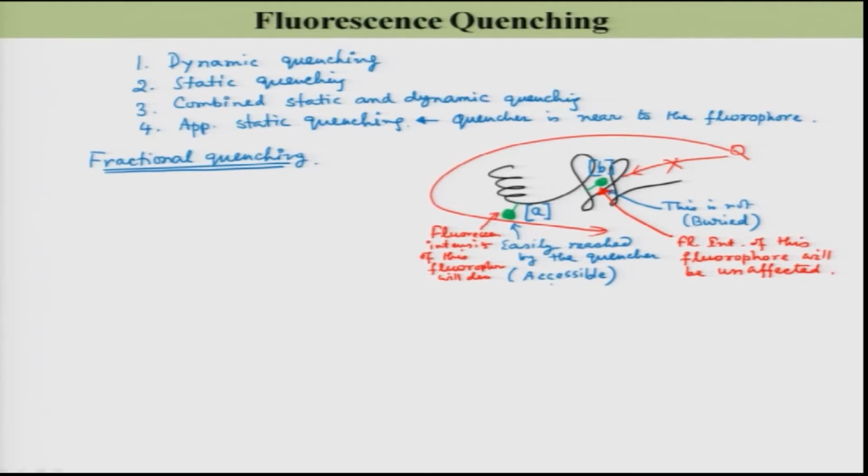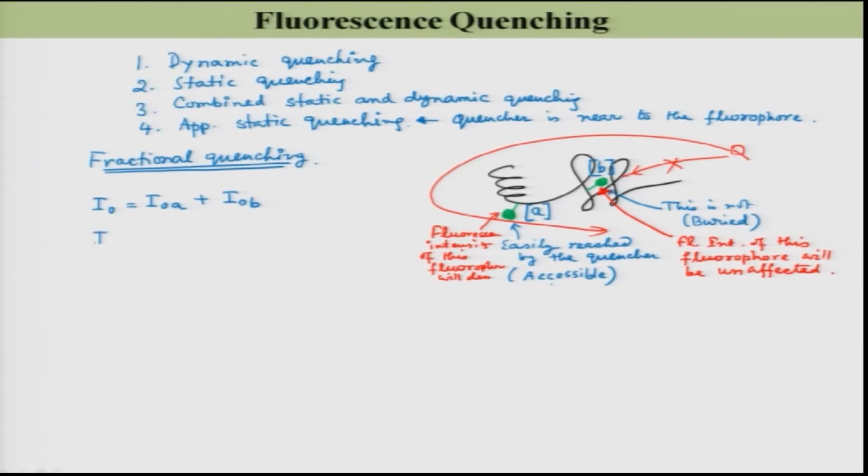Without addition of quencher, when there is no quencher, the total fluorescence intensity I0 can be written as I0 of A plus I0 of B. I can simply write that. Now, as I argued, when you add the quencher it will quench the fluorescence of A, but it is not going to quench the fluorescence of B.